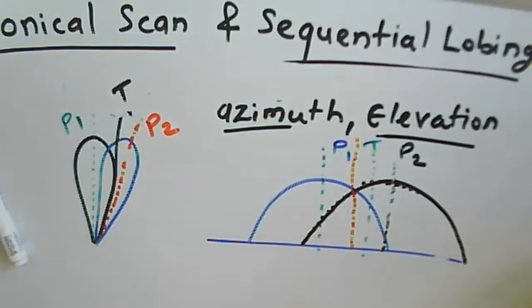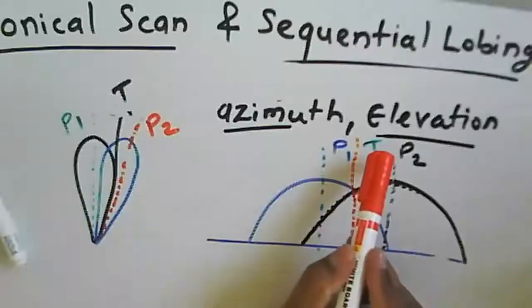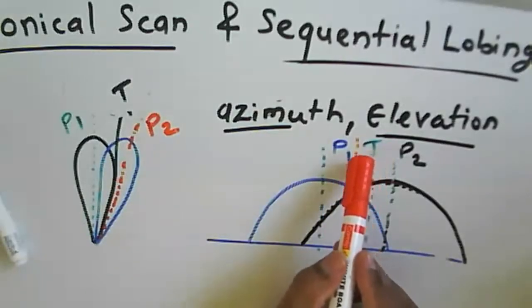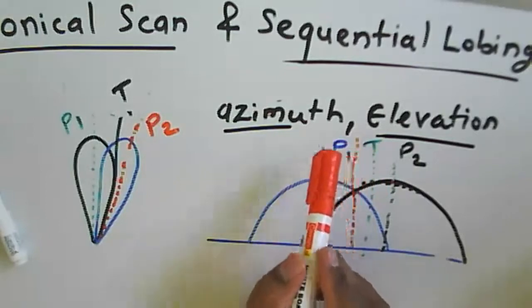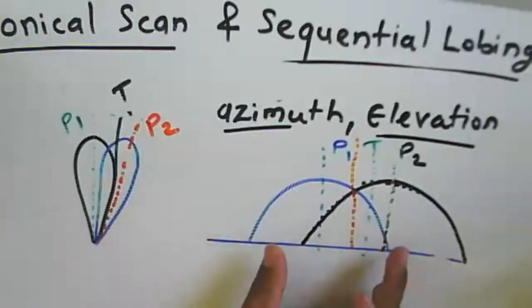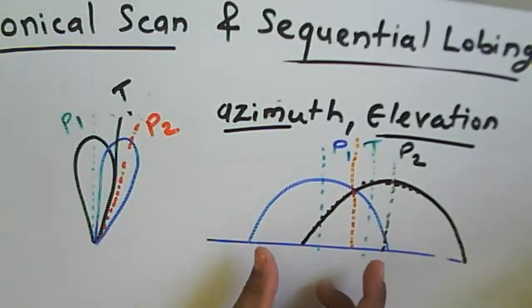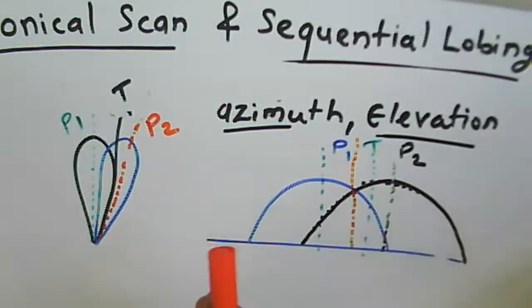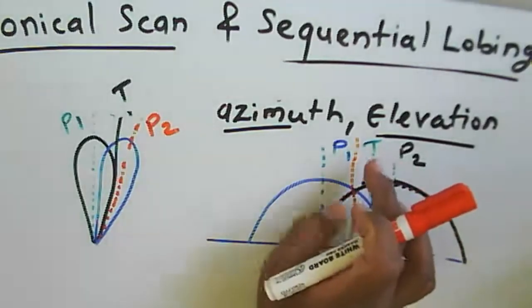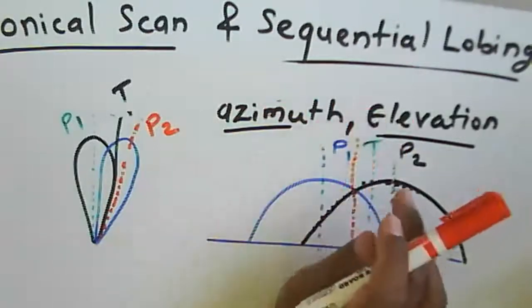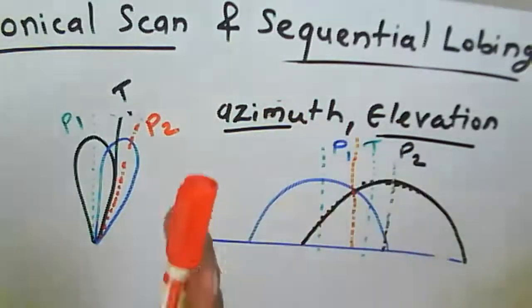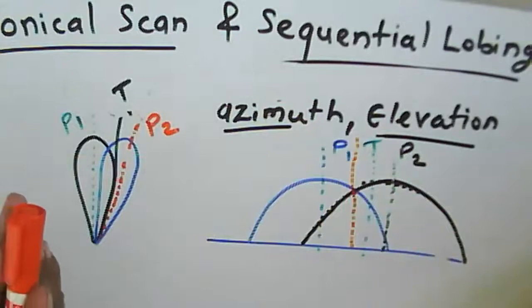So now we can find out the location of a target, whether we consider a polar representation or a rectangular representation. We obtain the difference in the angle there, and through this we can find out the azimuth and elevation. The position of the beam we are just changing here.